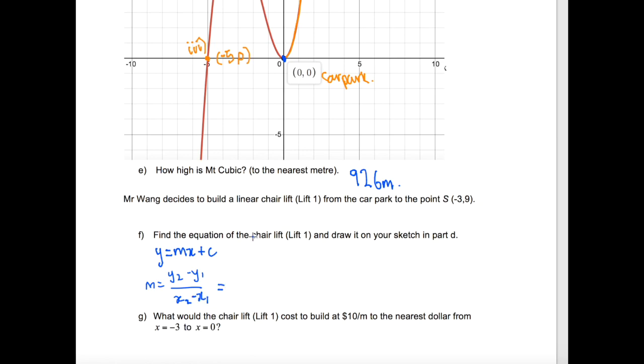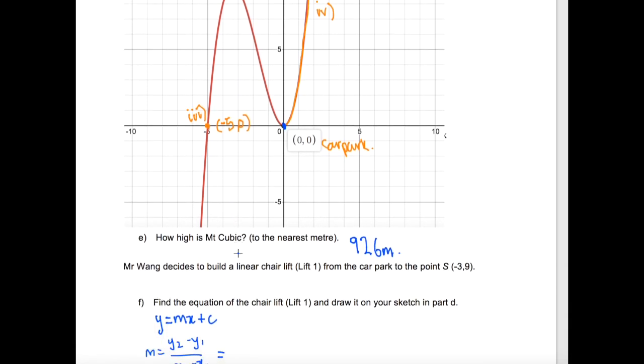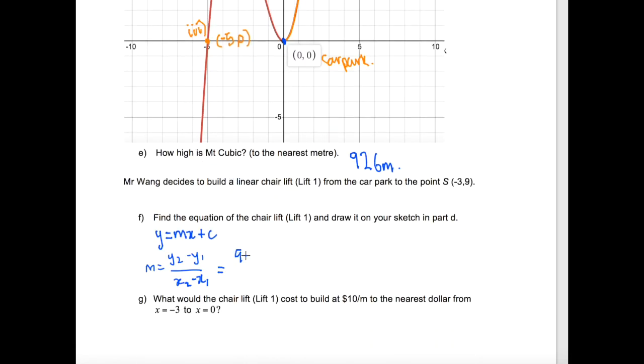So our y values are 9 minus 0 over negative 3 minus 0. 9 divided by negative 3 is negative 3. So we know that y equals negative 3x plus c.